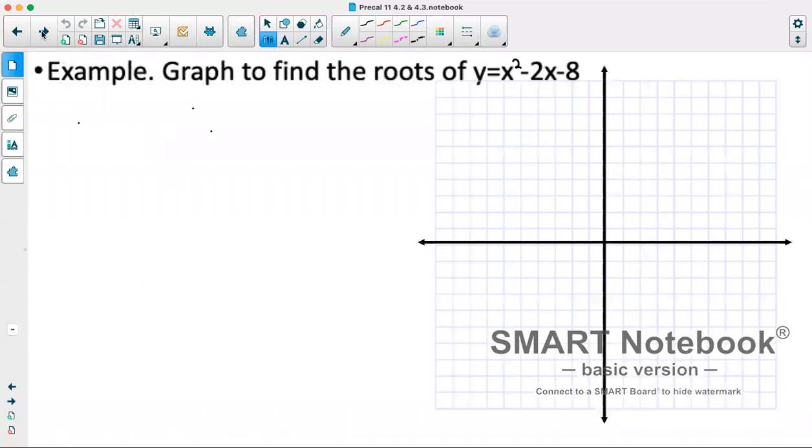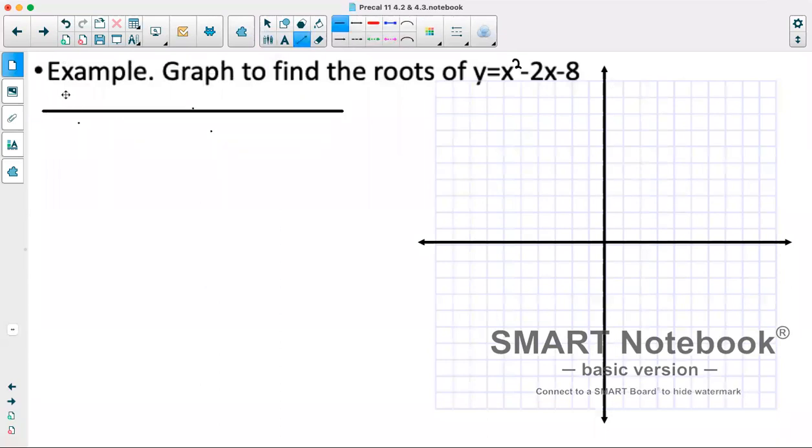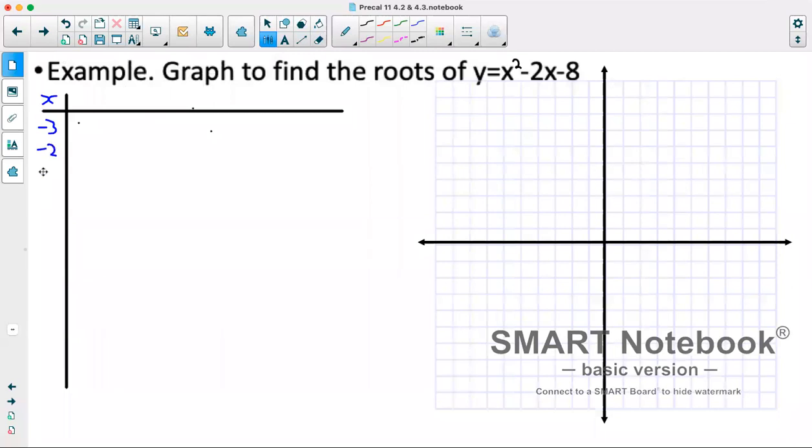First example is graph to find the roots of y equals x squared minus 2x minus 8. I'll start with a table of values. Once again, I will go from -3 to +3 for x.